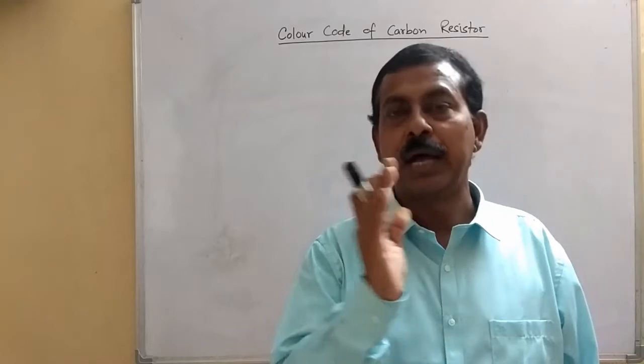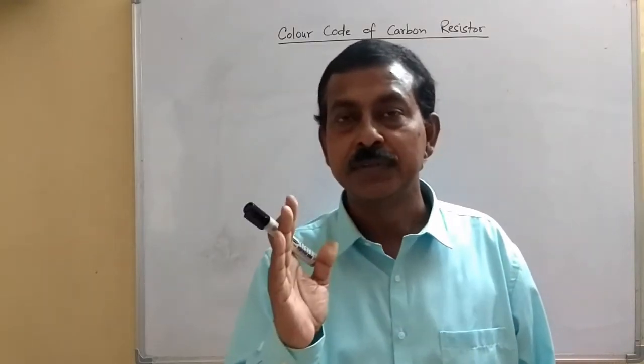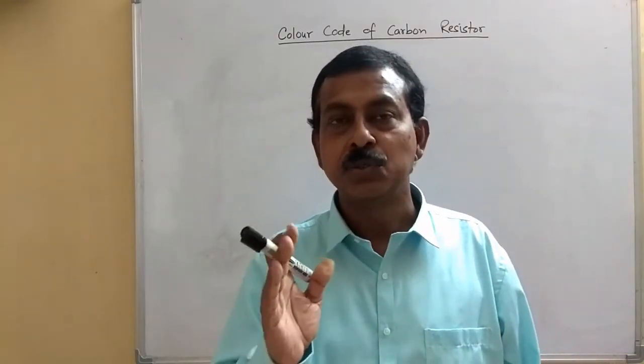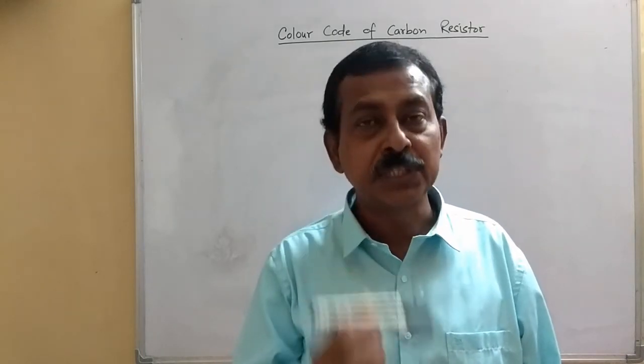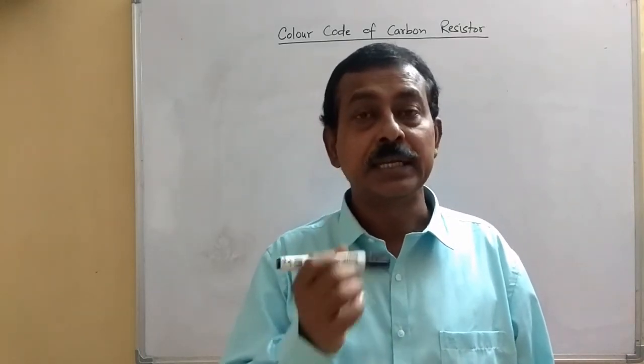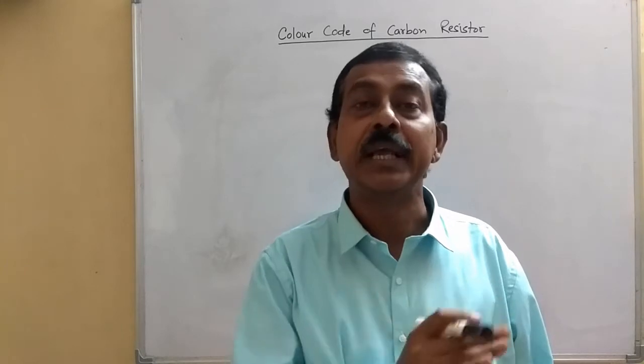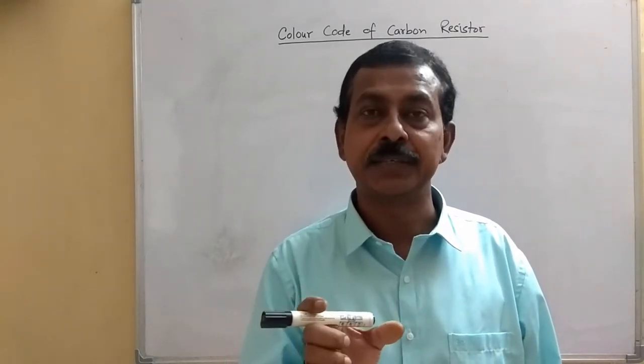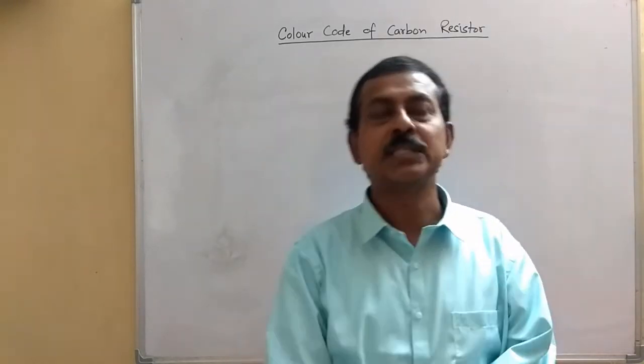Suppose a particular resistor has a sequence A, B, C as the different colors. So the correct sequence for a practical carbon resistor is ABC or CBA. How do we identify that? All these we'll discuss in today's discussion.